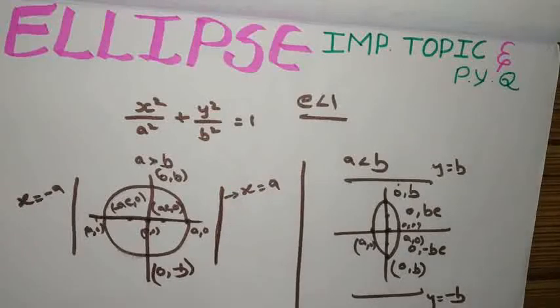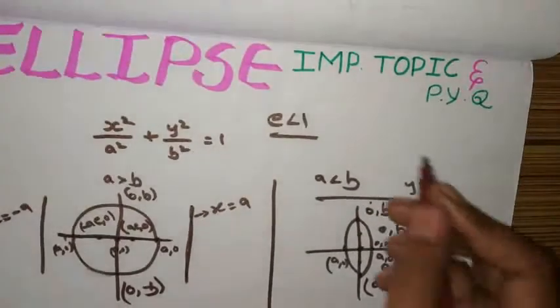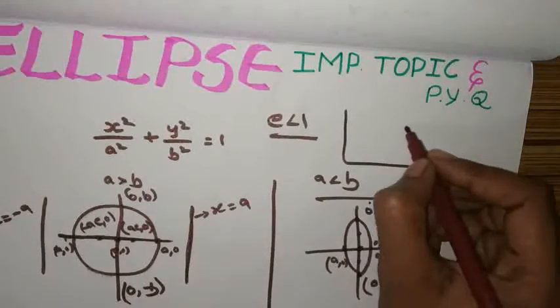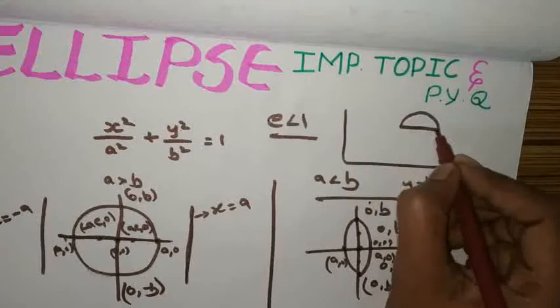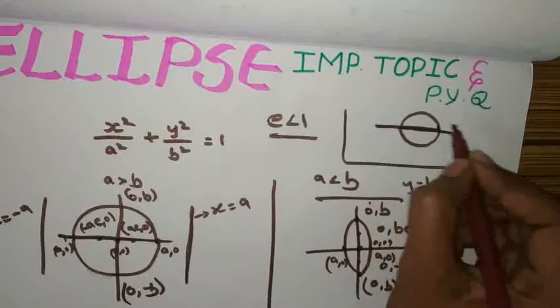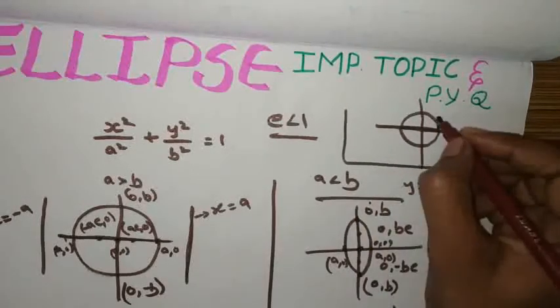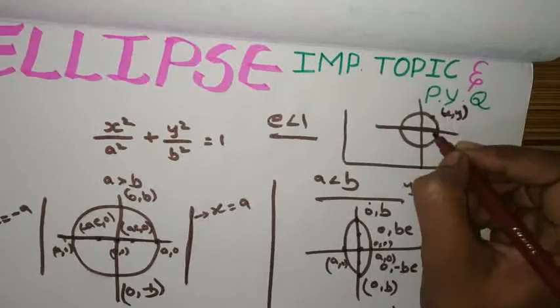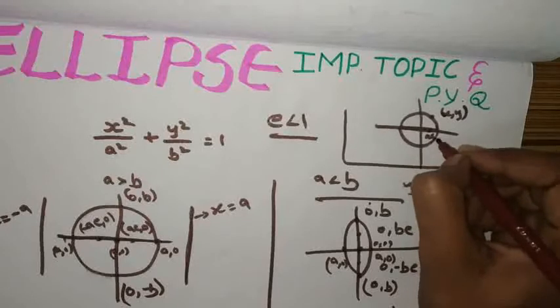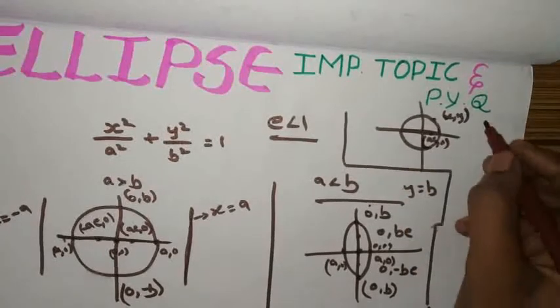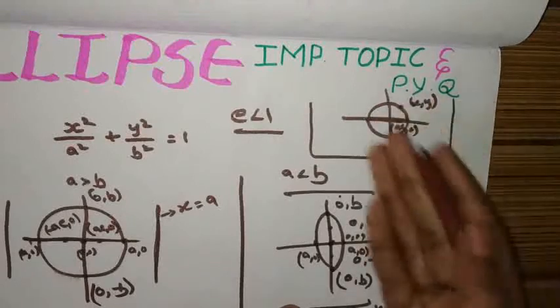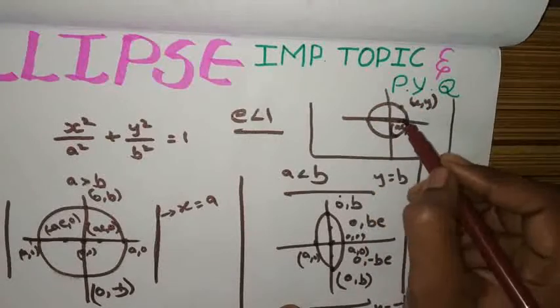Let me tell you another important thing which was given in the question. Suppose this is an ellipse, this is a point (x, y), and this is some focus (ae, 0), and this is the directrix.